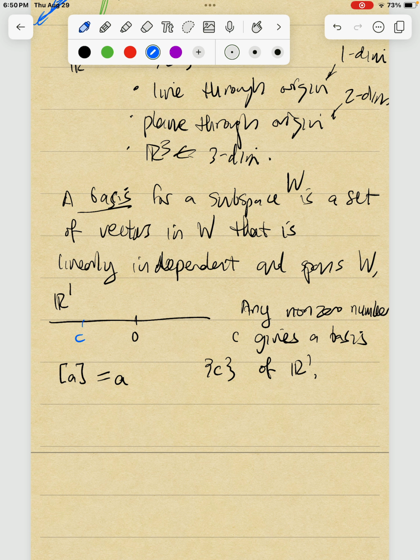Any real number is a real number multiple of C, right?